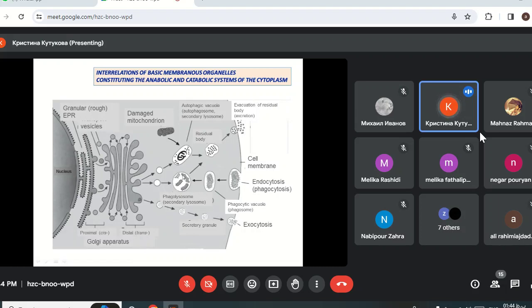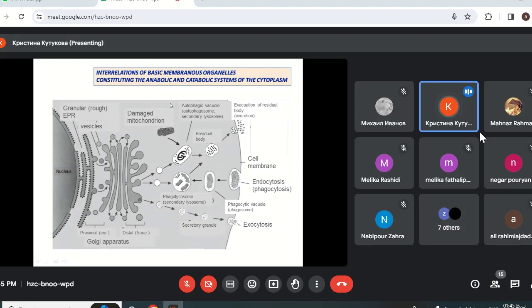So phagolysosome. Here enzymes in acid environment digest the bacterium. Every good substance, for example sugars and amino acids, goes outside from this vesicle to the cytoplasm, and the residual body, which are non-digested remnants of this bacterium, goes outside from the cell via excretion process.